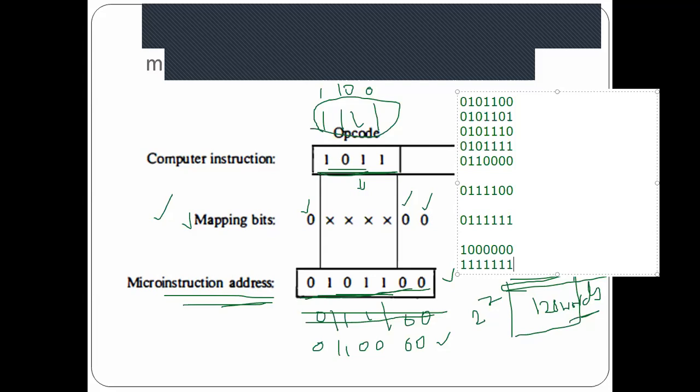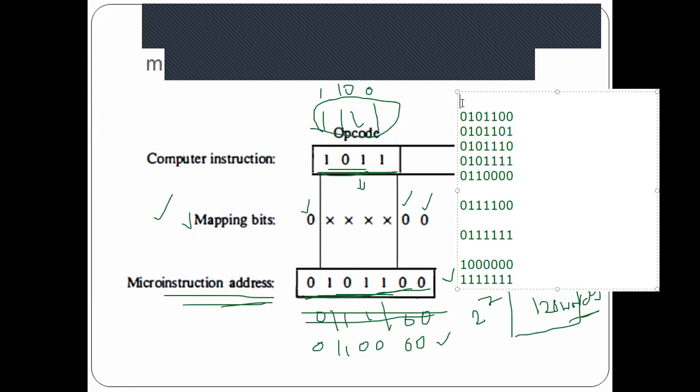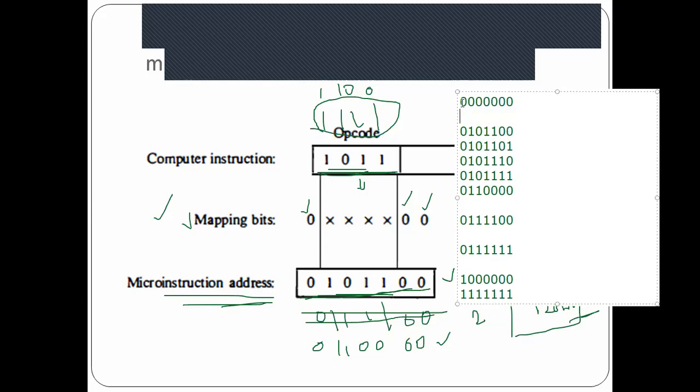Am I clear? Yes, ma'am. So likewise, you'll have the first 64 words related to the subroutines, because my opcode can go from 4 zeros to 4 ones, if I take a 4-bit length opcode in this example. So the first starting subroutine address is 0 0 0 0 0 0 0.